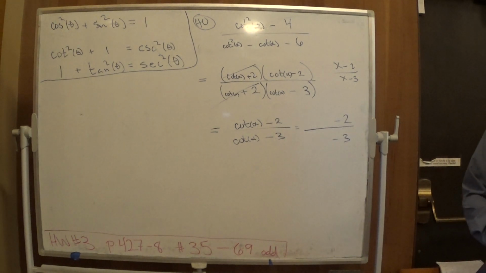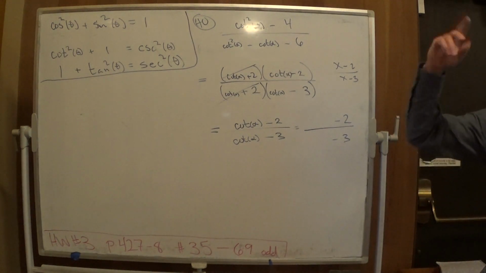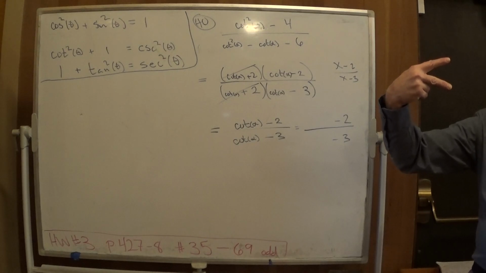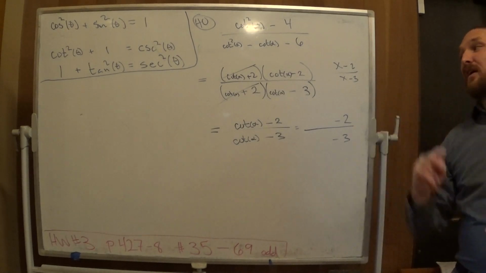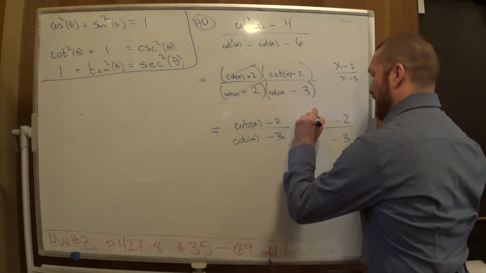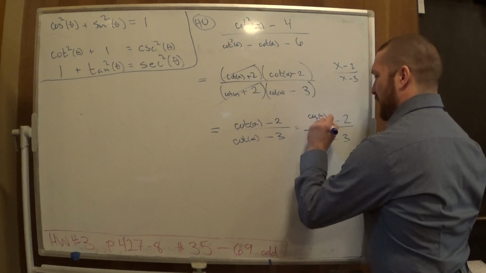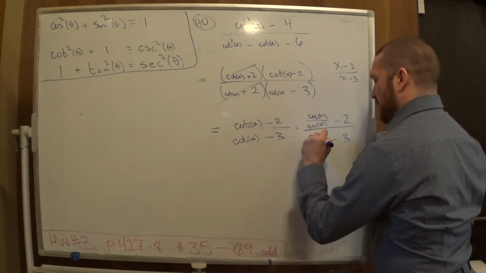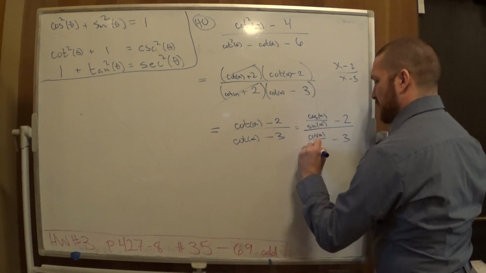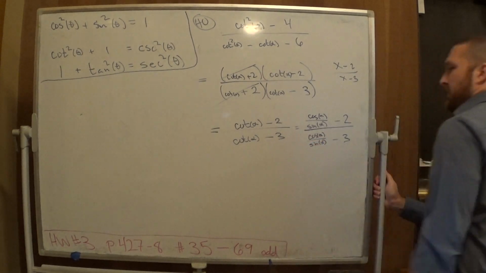Okay, but in terms of sines and cosines, tangent is what over what? Sine over cosine. So cotangent is cosine over sine. So cosine alpha over sine alpha. Same thing down here. Cosine alpha over sine alpha.